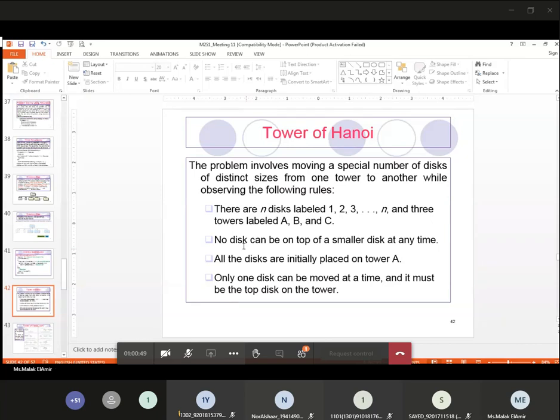Can we continue now? So, Tower of Hanoi.